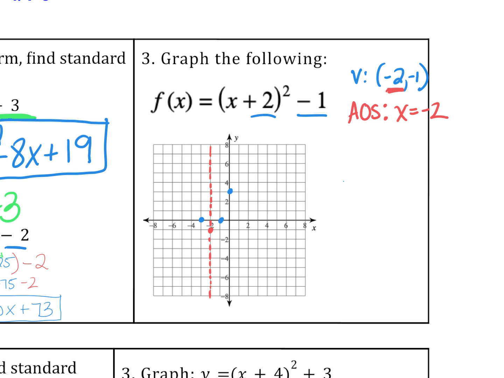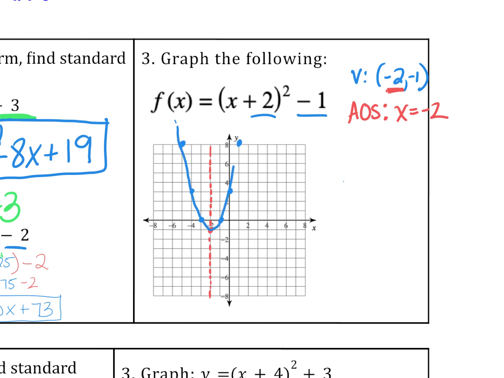Left 2, up 4. Drop a point there. And then if you go over 3, how many do you go up? 9. 1, 2, 3, 4, 5, 6, 7, 8, 9. Same over here. And there's your parabola.